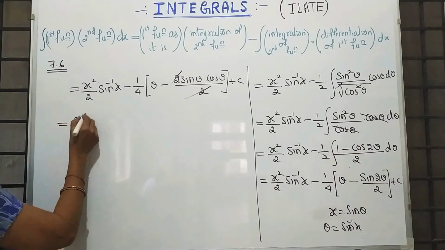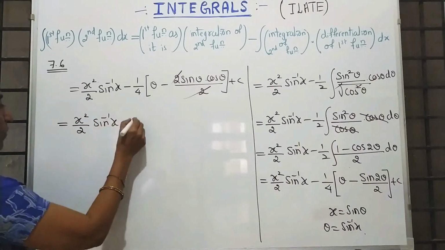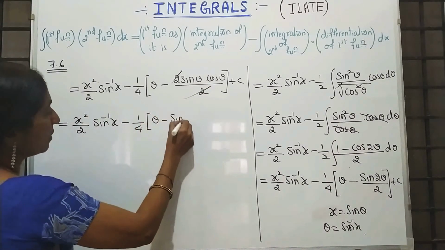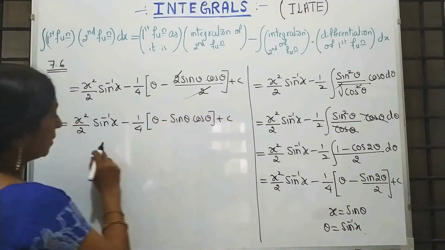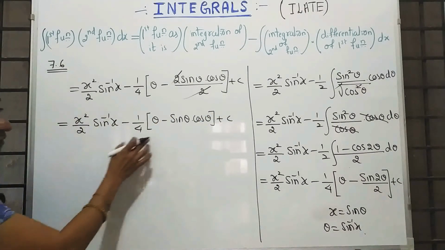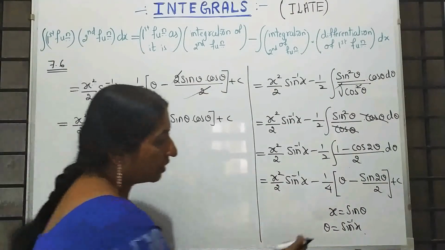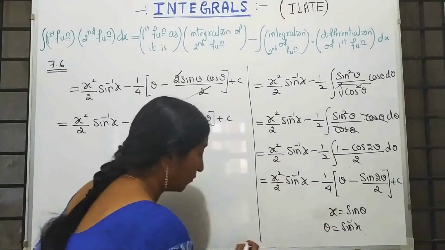What is remaining? x square by 2 sine inverse x minus 1 by 4 theta minus sine theta into cos theta plus c. See, half is in the form of x, half is in the form of theta. But the given problem is in the form of x. x is equal to sine theta, we did the substitution. Theta is sine inverse x.